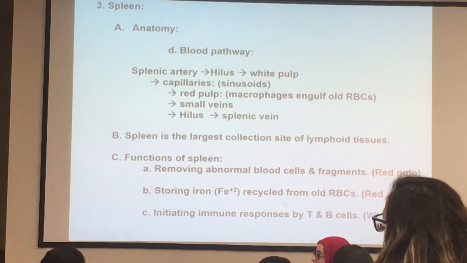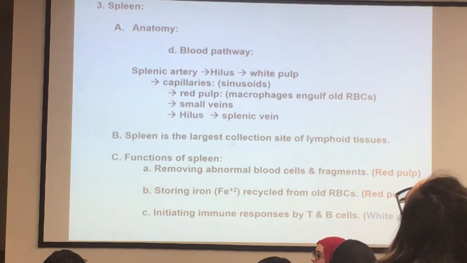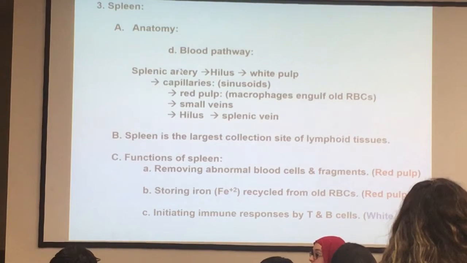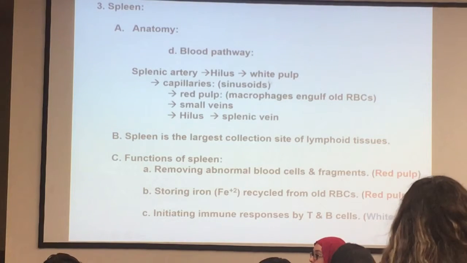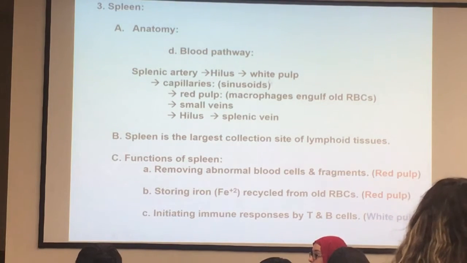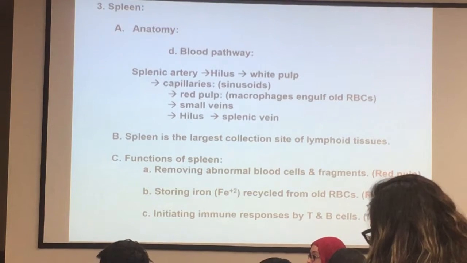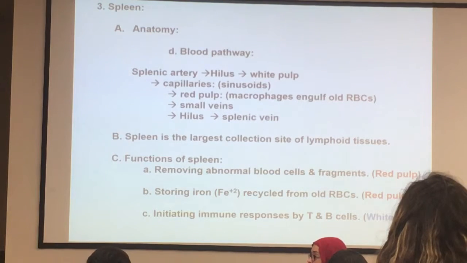Let's say more about this. So the blood pathway is what? From the celiac trunk, go to the splenic artery, go to the hilum, the entrance area, go to the white pulp here, and coming out, there's a central artery. And then go to the capillary area, there's sinusoid, there's a special big hole allowing red blood cell to come out, protein to come out.